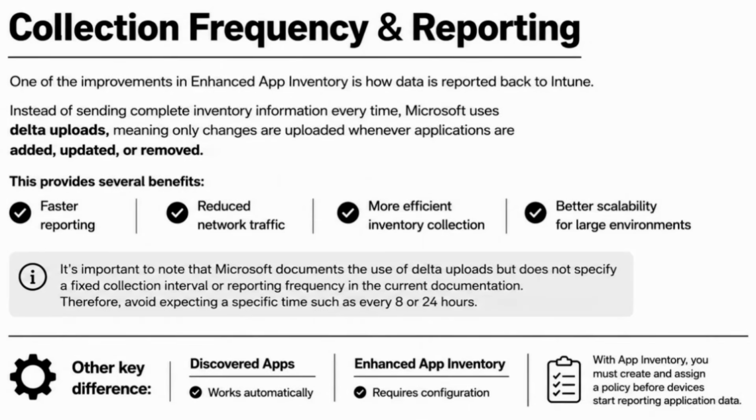Another important difference is that discovered apps works automatically, whereas enhanced app inventory requires configuration. With enhanced app inventory, admins must create and assign a policy before devices start reporting application data. This gives administrators more control over what application properties are collected within the organization.